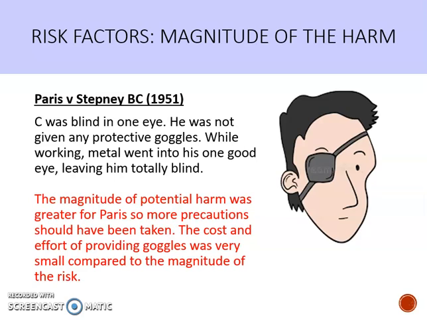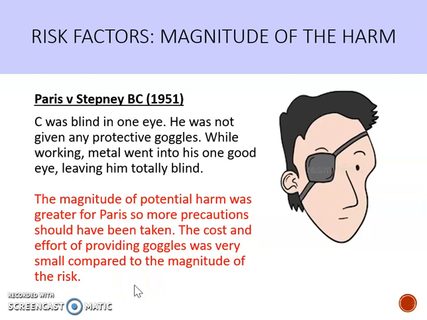And whilst working, unfortunately and rather ironically, some metal went into his one good eye, which left him totally blind. And the court looked at this and they were trying to decide whether his employers had been negligent, whether they had breached their duty. And the court said that the magnitude of potential harm was greater for Paris, so therefore more precautions should have been taken.